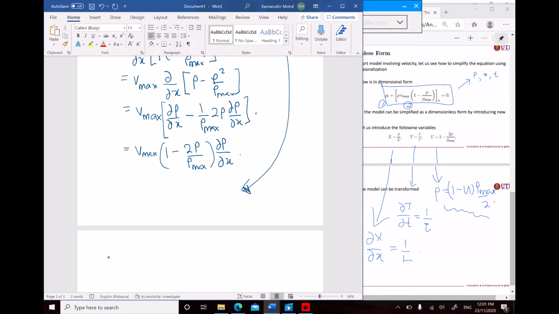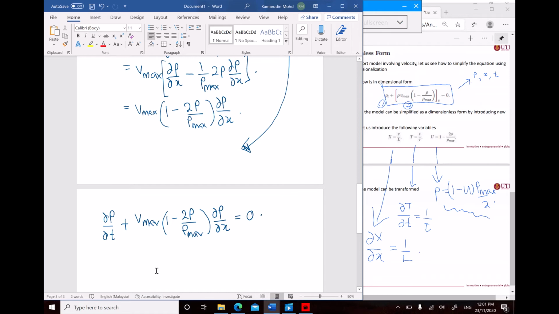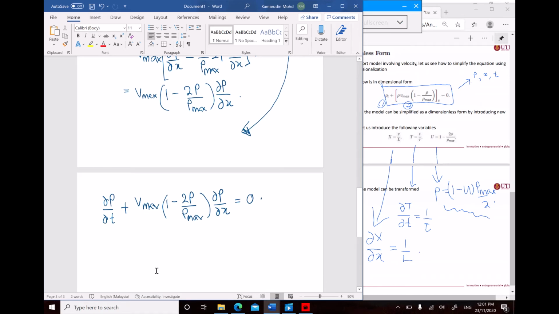So we still have del rho del t, and then the second term, after we modify, has this form: Vmax multiplied by 1 minus 2 rho over rho max, multiplied by del rho del x, and the right hand side equals 0. So next we are able to proceed with the characteristic method, in which here the equation is rho of x and t.